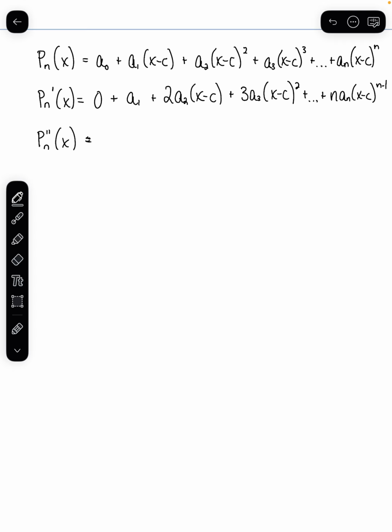I think we can drop that at this point. So we know the derivative of that 0, since it isn't anything to begin with, its derivative is 0. We have a sub 1, its derivative is also 0 since that's a constant. So we can move right down to 2a sub 2 times x minus c to the first.